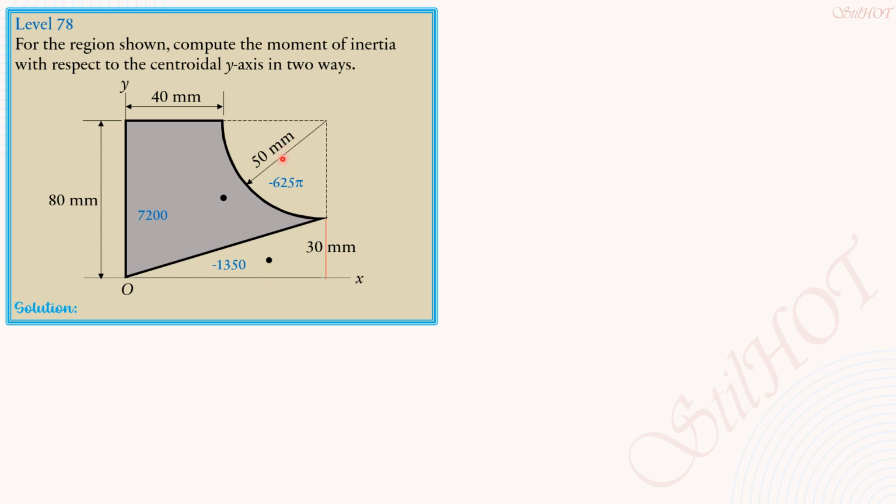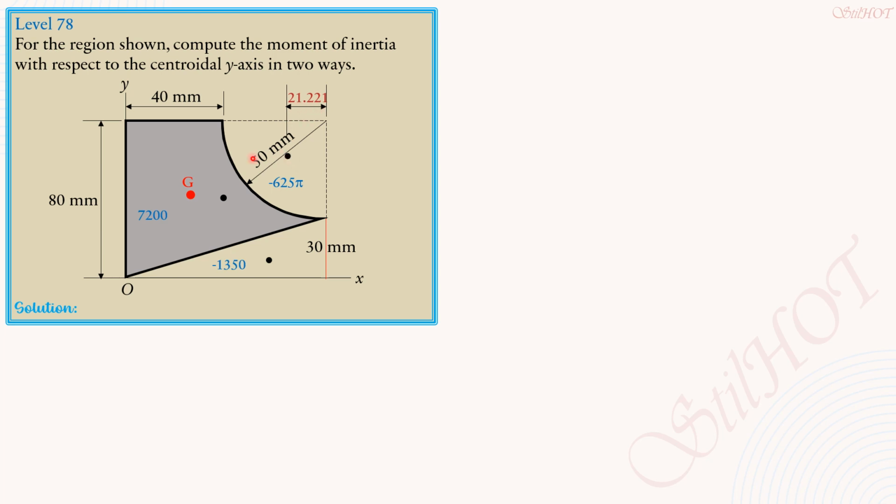While this is the centroid of the quarter circle, from here it is 4r over 3 pi, 4 times 50 divided by 3 pi. This is the centroid of the entire region, and the distance from the y-axis is denoted by xg. So this is 4 times 50 over 3 pi, and that is 21.221.